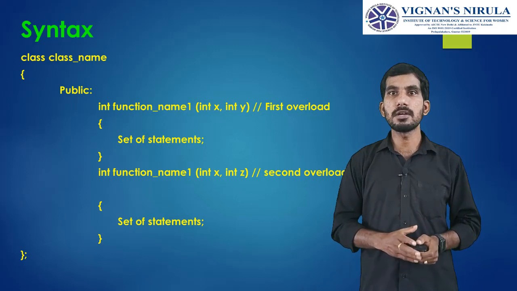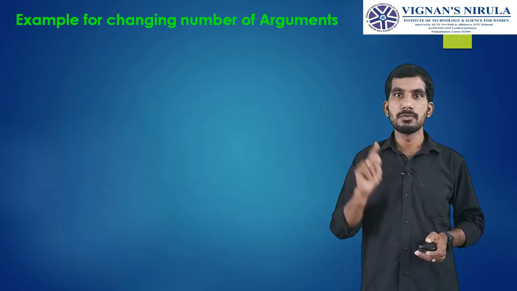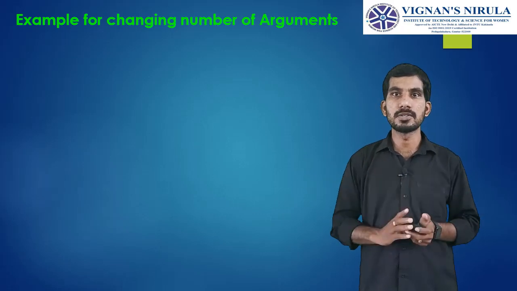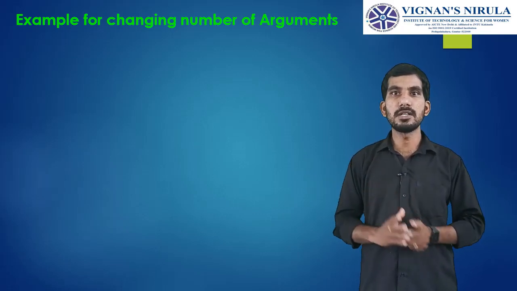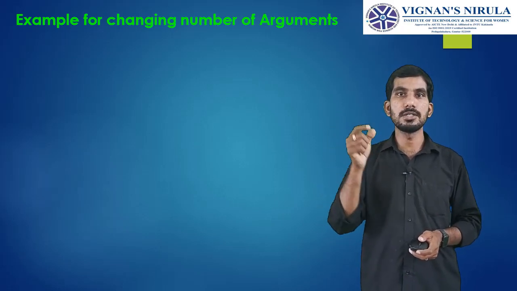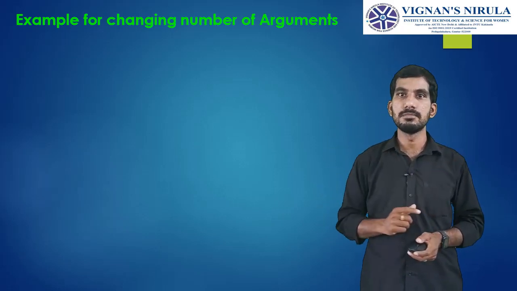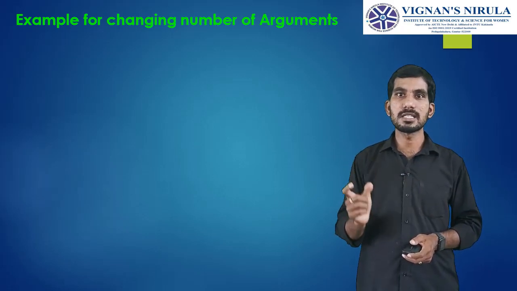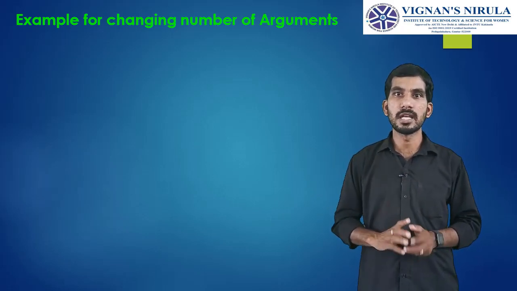Coming to the example of method overloading, the first example is by passing different arguments. That means for the first function we are passing integer a, b, c, d. For the second function we are passing integer x, y, d like that.